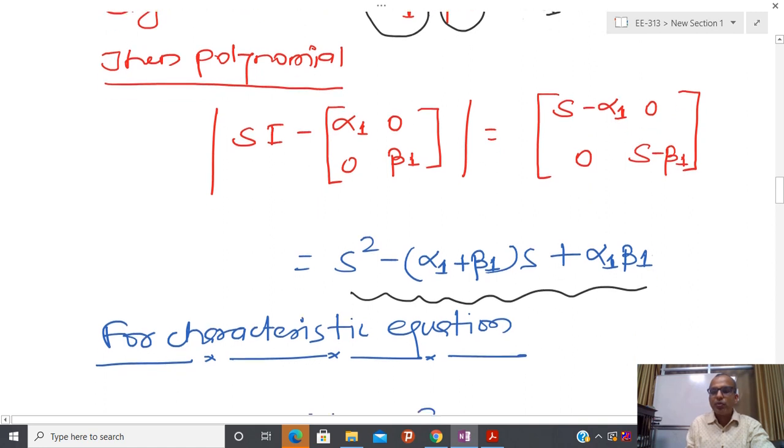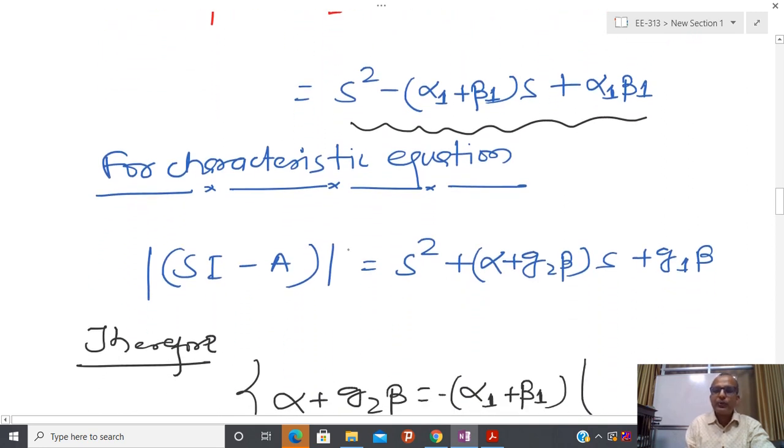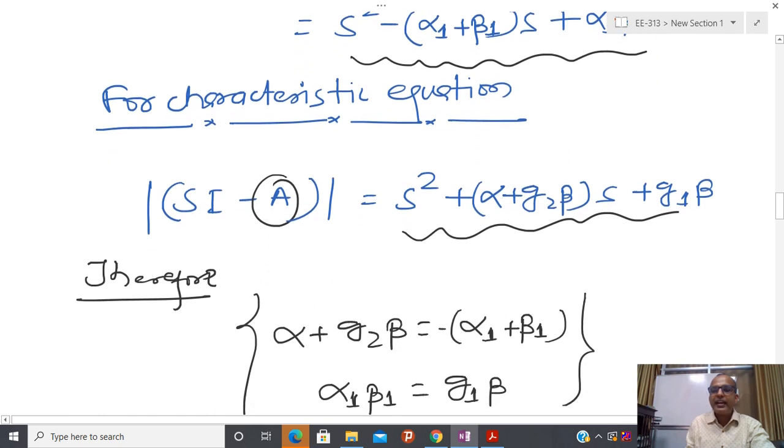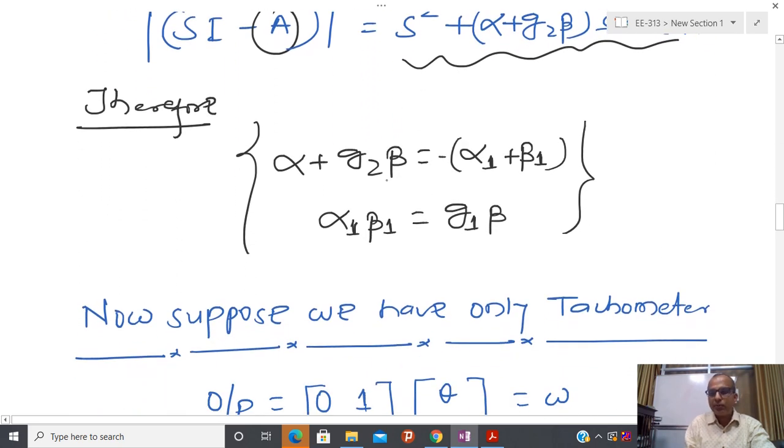Now I have one polynomial that is related to the system matrix, and A is nothing but the system matrix of our arrangement, meaning the DC motor with load. And if you calculate the polynomial, it is this. Now since I want to design G1 and G2 in such a way that the poles of this arrangement are at alpha 1 and beta 1, you can equate them, and after equating I can solve this particular equation.